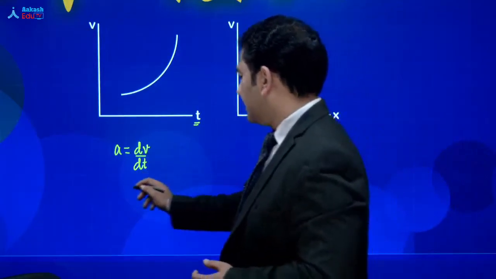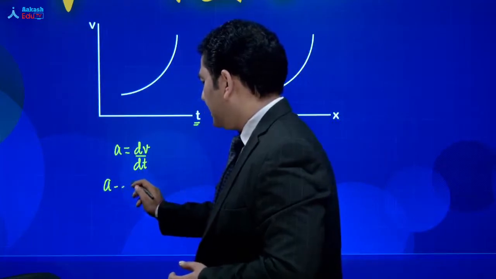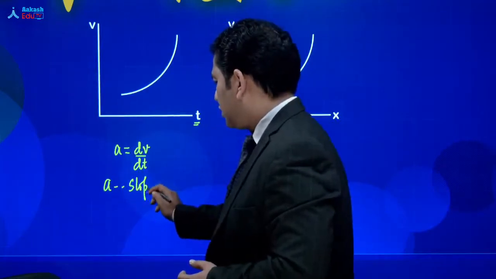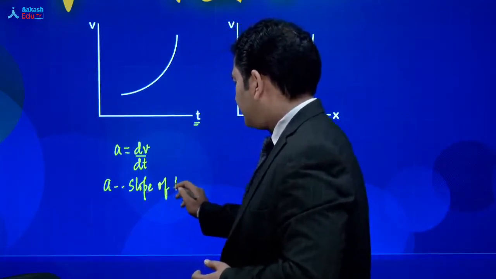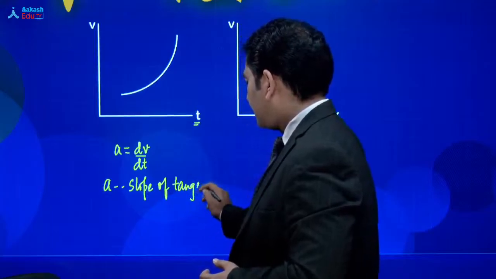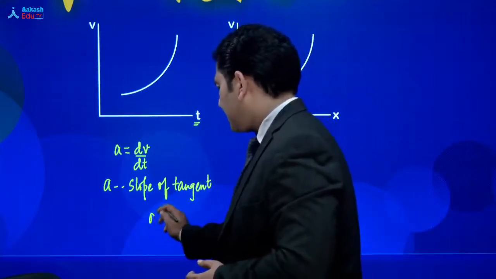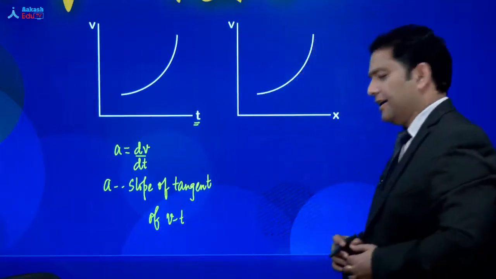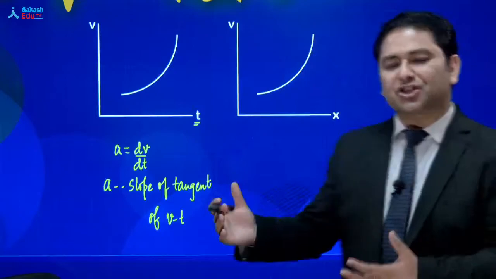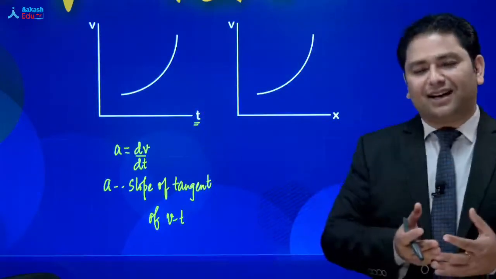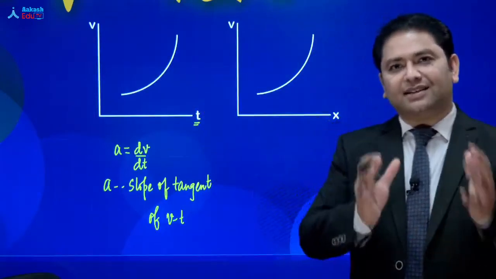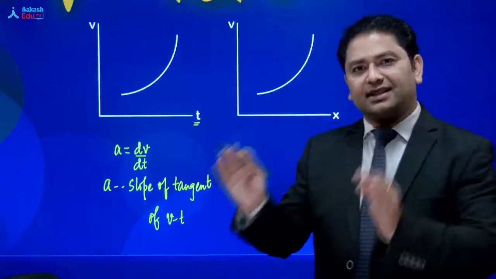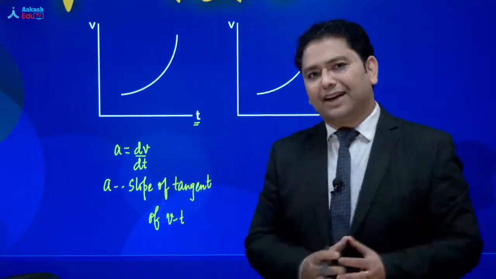So this gives that acceleration is the slope of tangent, right? Slope of tangent of VT graph. जिसको आप normally tangent कहते हैं, actually tangent is a line, but tan of theta लिखते हैं, that's the slope. तो complete sentence है slope of tangent.